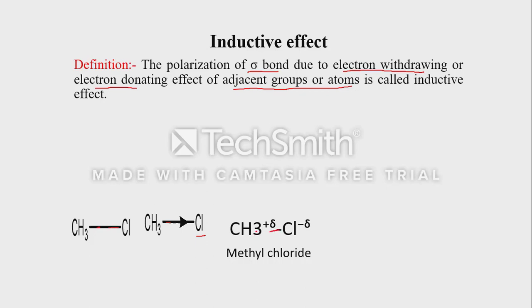In that, the sigma electrons of this covalent bond are shifted towards the chlorine atom, and chlorine gets a partial negative charge. Why does it get a partial negative charge? Because it is rich in electrons, and the methyl group is electron deficient. It loses its electrons towards chlorine. That's why methyl produces a partial positive charge, or partial delta plus.